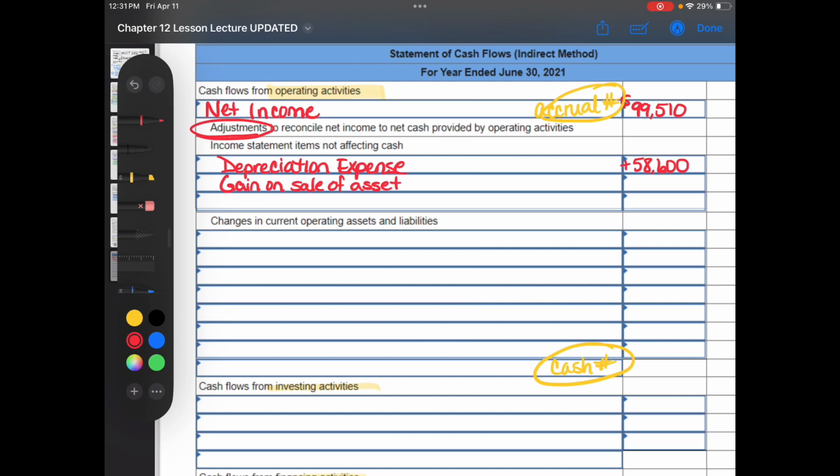And that was $2,000. And see, here's the deal. A gain, because I want to cancel it out, a gain means I'm going to subtract it. That way I cancel it out, right? So I add depreciation, and I know I like to show these in black. So I add depreciation expense, and I will subtract the gain.